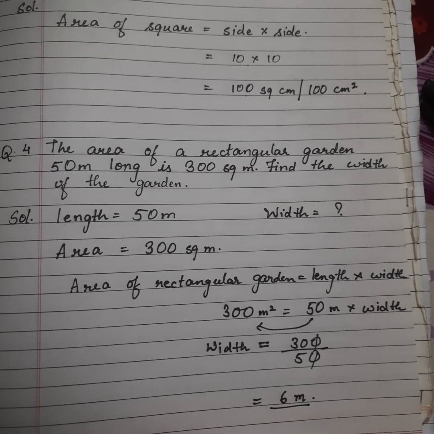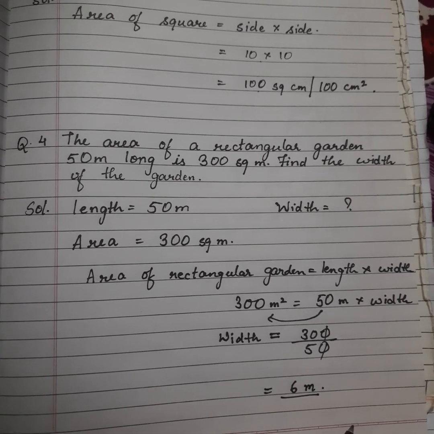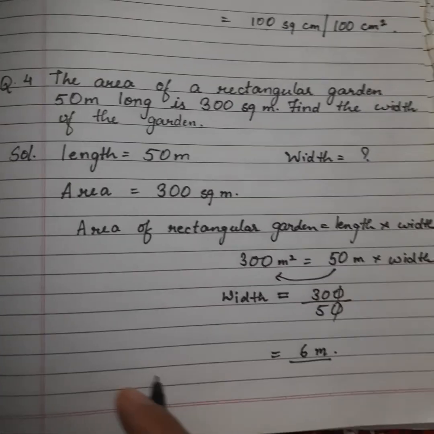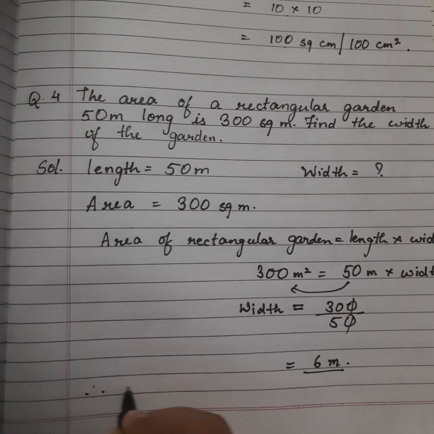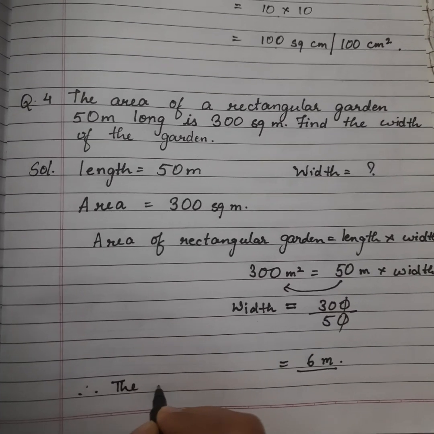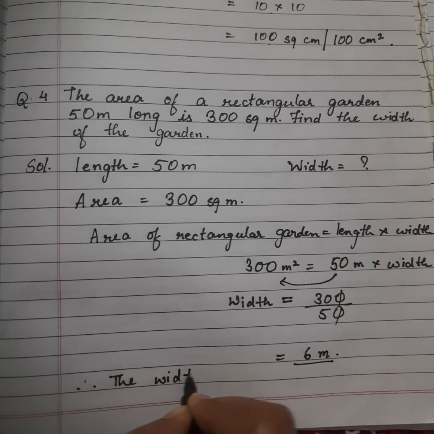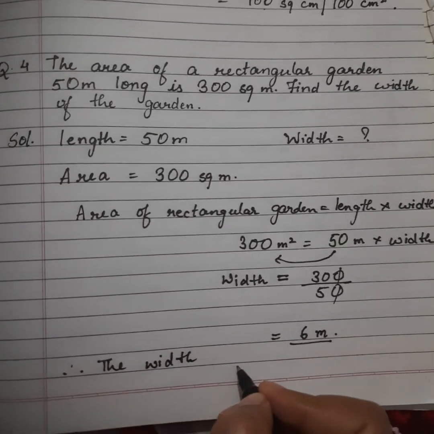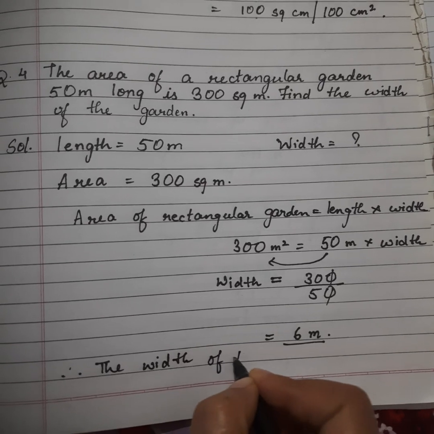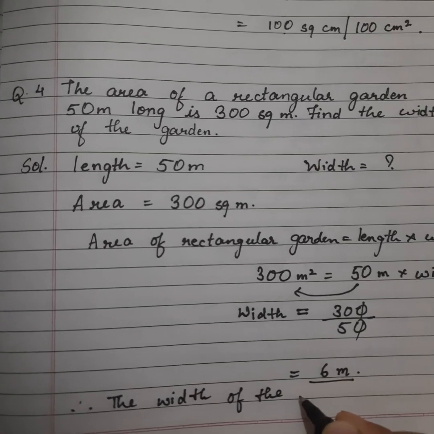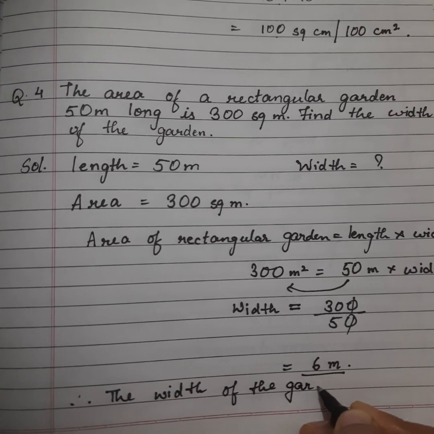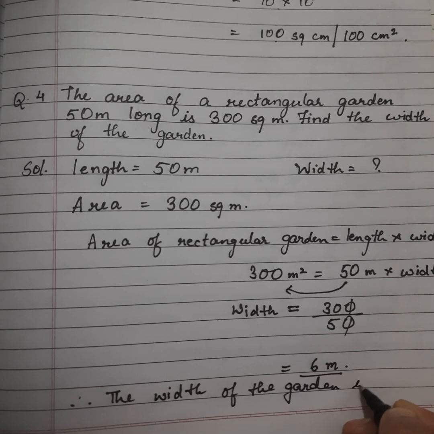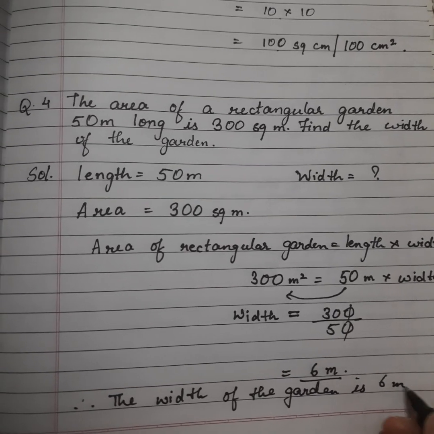Okay, so this way you can find out the width of the garden. In the final statement also you have to write the width of the garden is 6 meter.